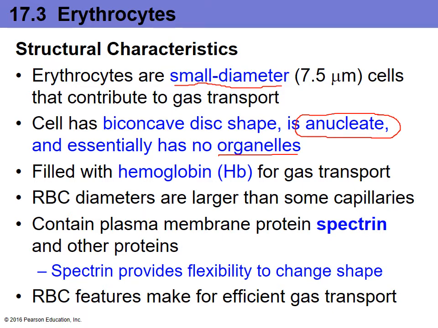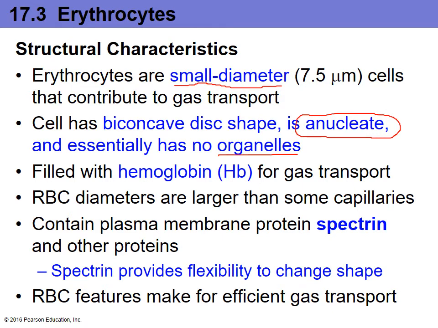And it turns out that the hemoglobin is going to act almost like a little magnetic force that's going to allow the oxygen molecules to be drawn to it so that the red blood cell can freely interact with the O2 molecule and transport it from point A to point B. But I'm getting a little ahead of myself. I'm going to talk to you more about hemoglobin in a few slides.